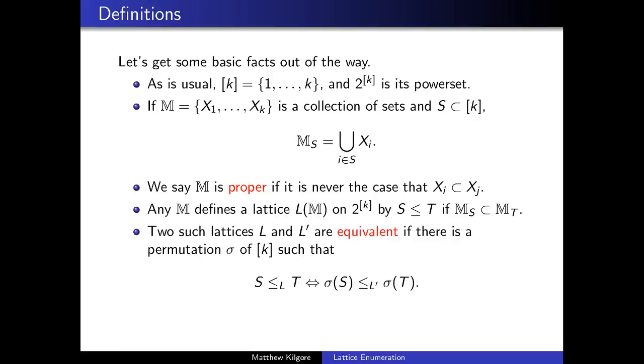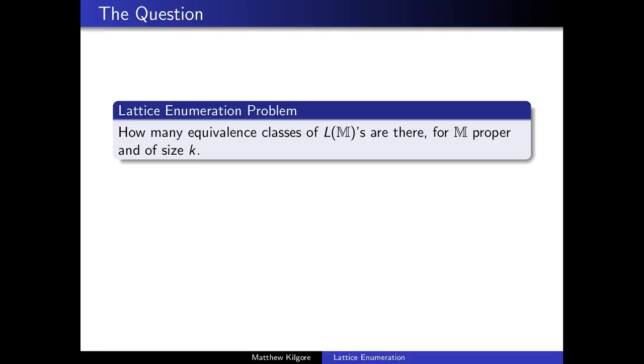Finally, two such lattices L and L' are equivalent if there is a permutation sigma of [k] such that S is less than or equal to T with respect to L if and only if sigma(S) is less than or equal to sigma(T) with respect to L'. This brings us to the following question. How many equivalence classes of L_M are there for M proper and of size k?